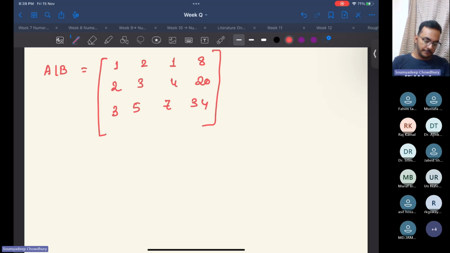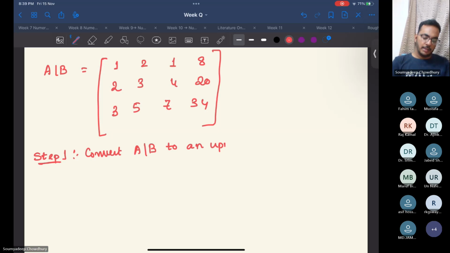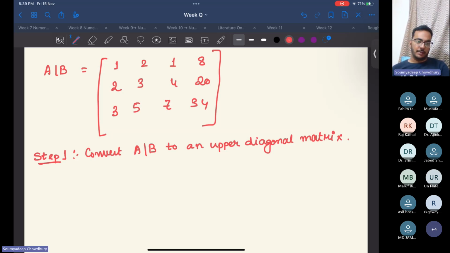So the first step is we have to convert this augmented matrix to an upper triangular matrix. What does that mean? This element, this element, and this element have to be 0. Our objective here is to make all these 3 elements 0.